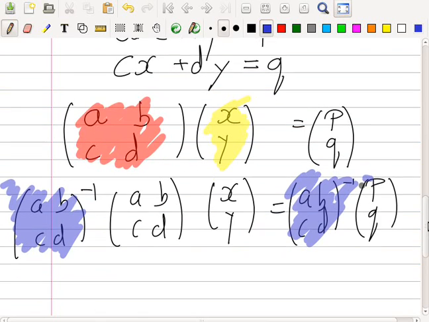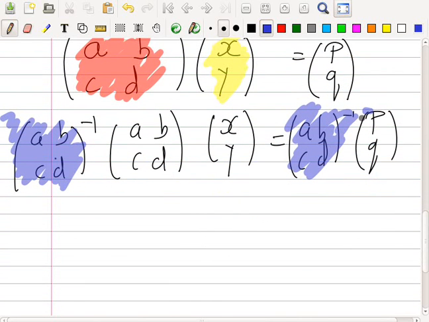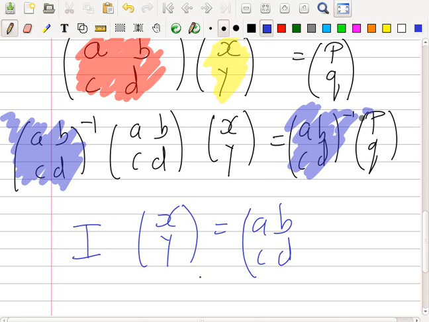Now who remembers from the last lesson, when you multiply an inverse by the original, what happens? You get I. So you have I xy equals the inverse times pq. But what's I times xy?